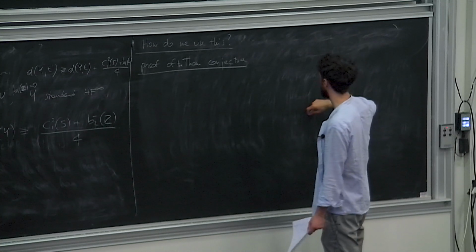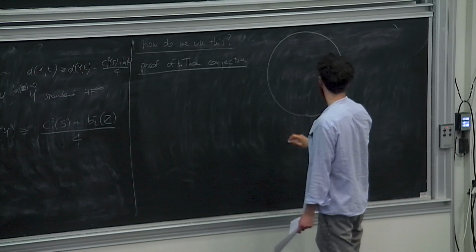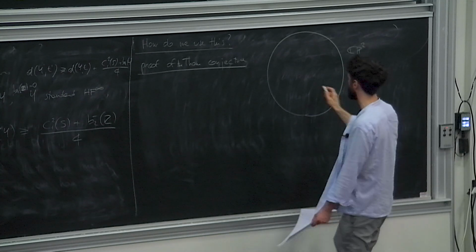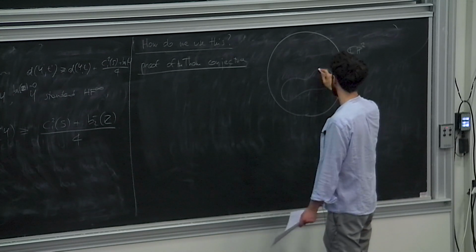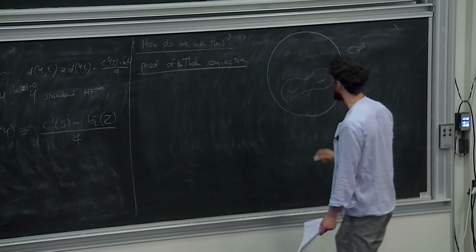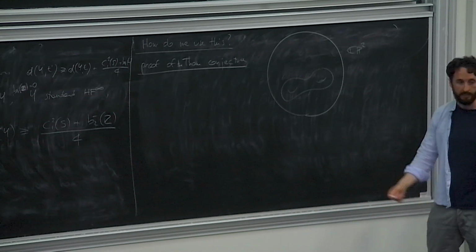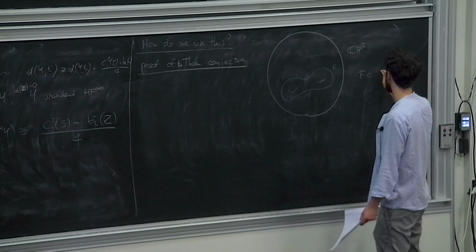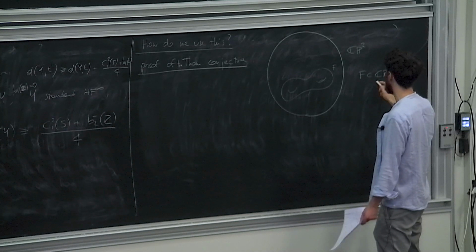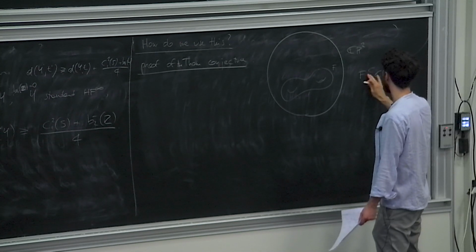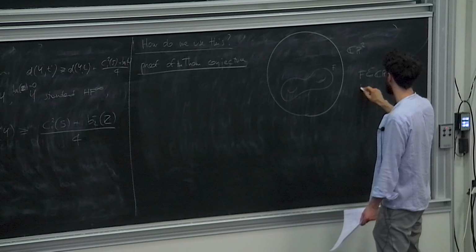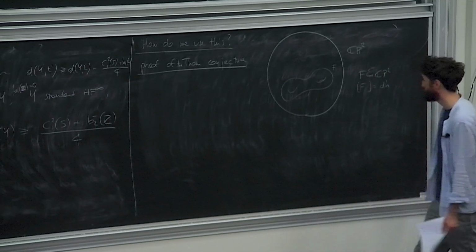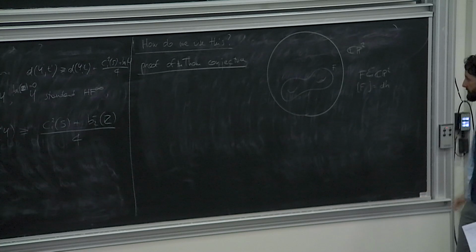Okay, so you have your CP2, and you have some surface lying around in some homology class, smoothly embedded. And you want the homology class to be fixed, and this is d times h, which recall is just d times the homology class of the line.